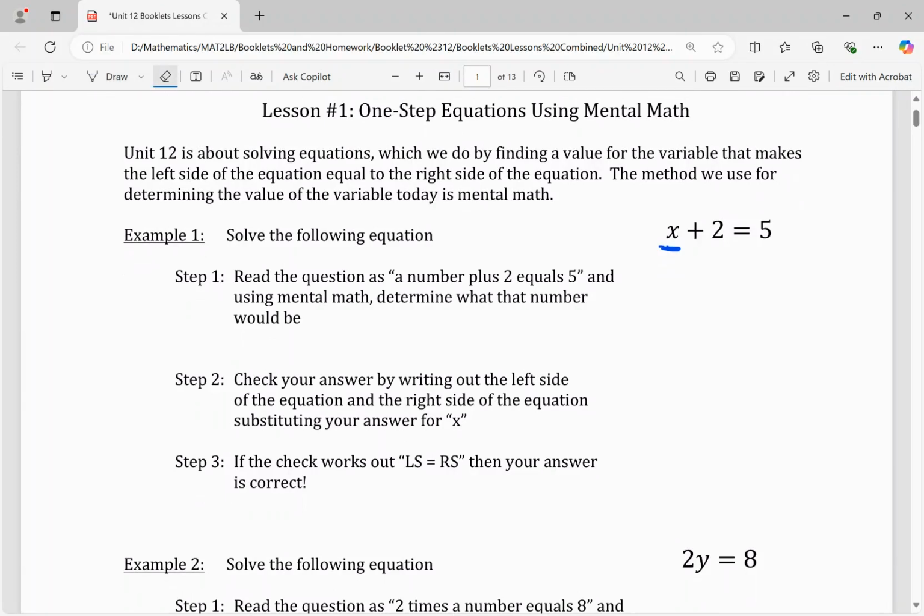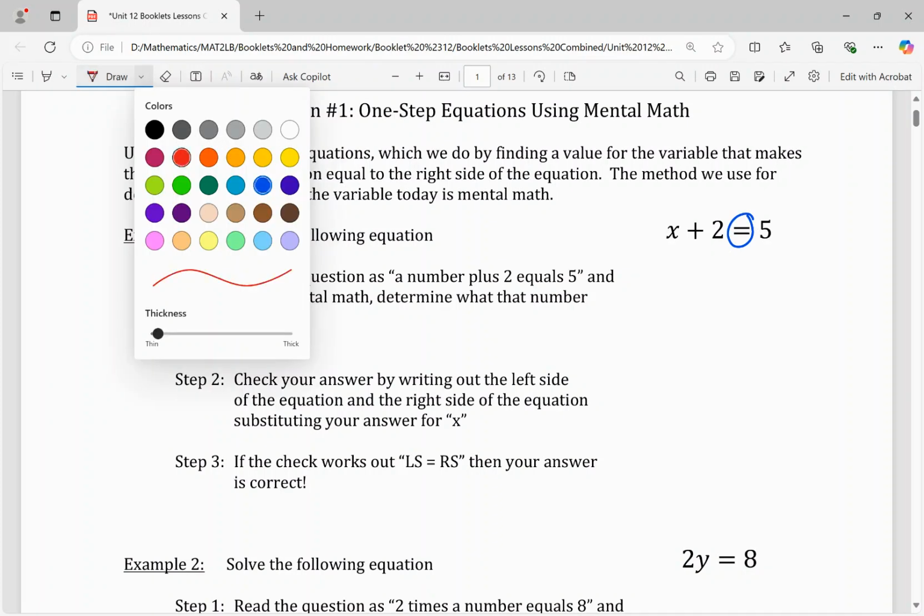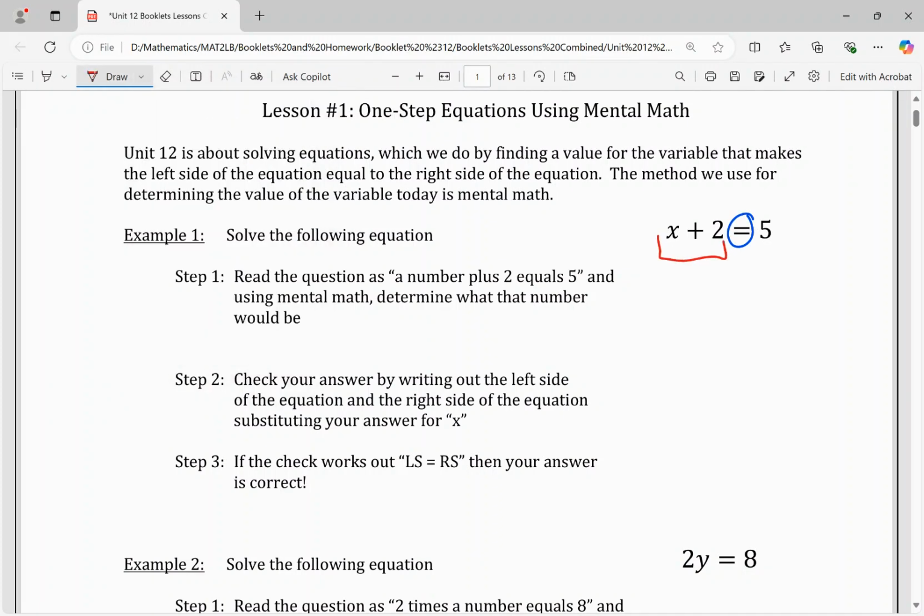Now, when you have an equal sign, there is a way to figure out what that number is, right? Because the equal sign tells us that the left-hand side, which is x plus 2, must be the same thing as the right-hand side, which is 5.